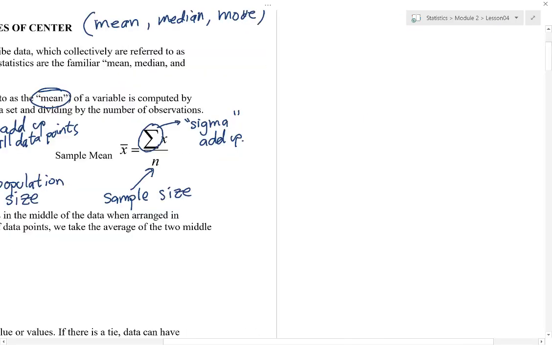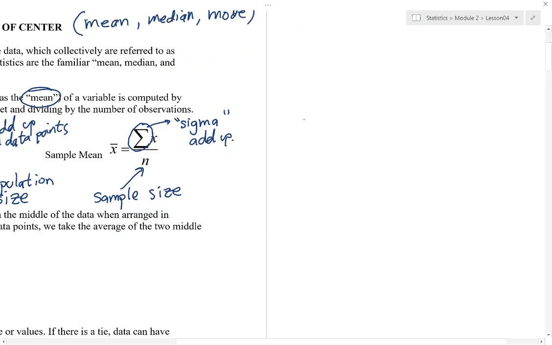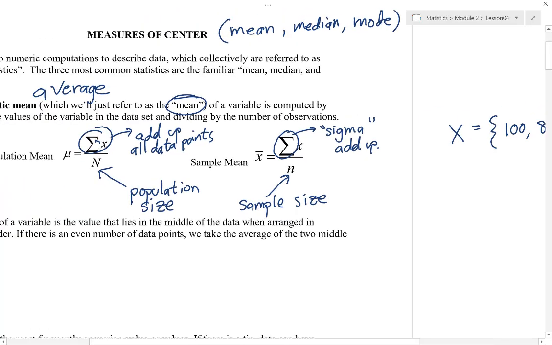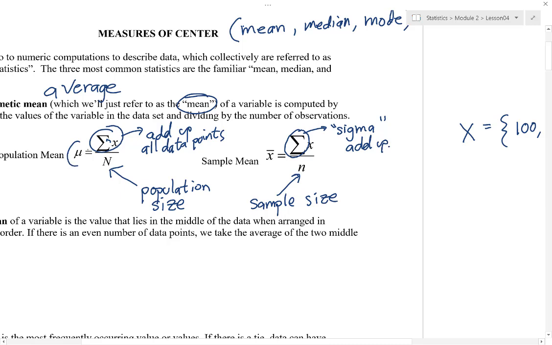So we'll just do a quick example here. Suppose you have a data set. Let's go back to, let's say, the cars data. Oh, no, the math scores data. And I'm just going to take a sample of 5 here. You'll notice, I hinted at this before, the difference between these two symbols. The process is the same.